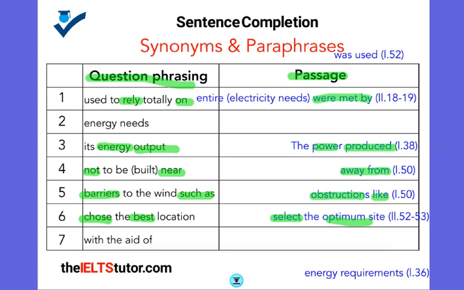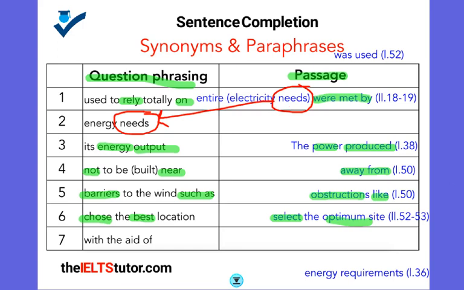Okay, so just because you see the word needs here, you can see that it doesn't mean that this is the answer. So that's meant as a sort of a distraction for you. Okay, so don't fall into the trap of seeing, oh, right, so I see needs in the passage and needs in the question, so that must be the answer. No, it doesn't work that way.